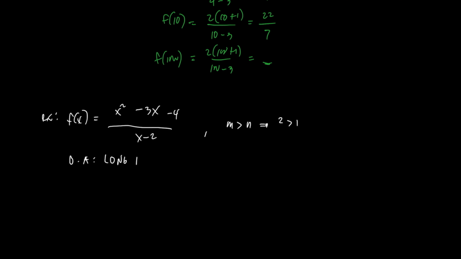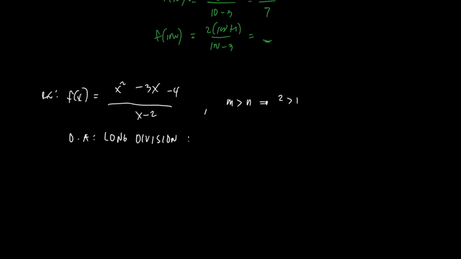So how do we find the oblique asymptote? We use a long division. So we have x squared minus 3x minus 4 over x minus 2. By using the long division, x squared divided by x, that's x, then multiply x squared minus 2x, then subtract.